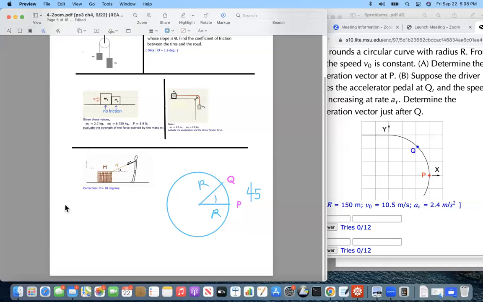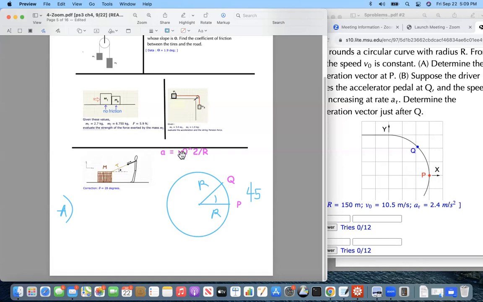So at the point P, so this will be part A of the problem, there's a constant speed, v0, and so the acceleration is v0 squared divided by r.